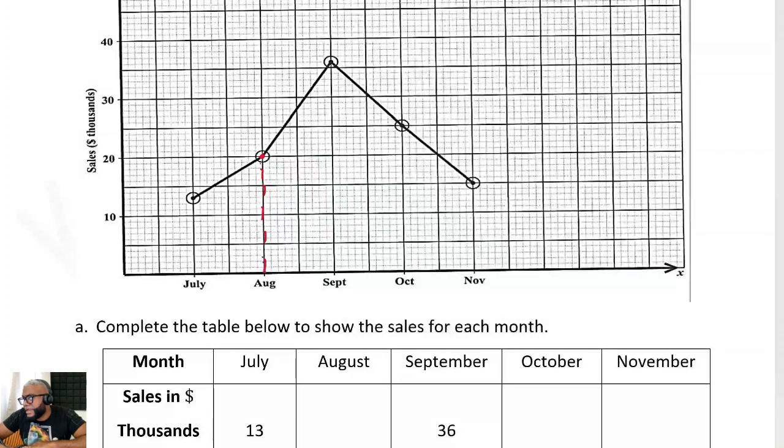What is this point lining up with on your y-axis, Shayan? You have to watch it here. 20. Right. For October, what are my sales for October, Shayan?